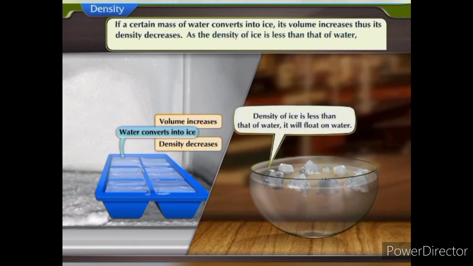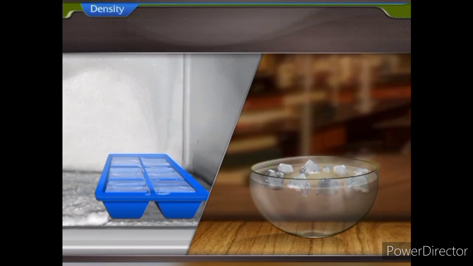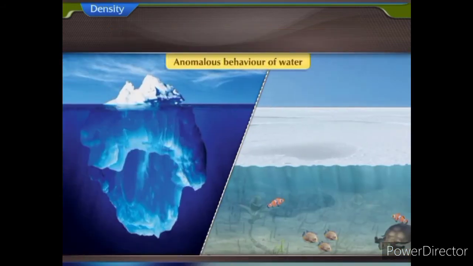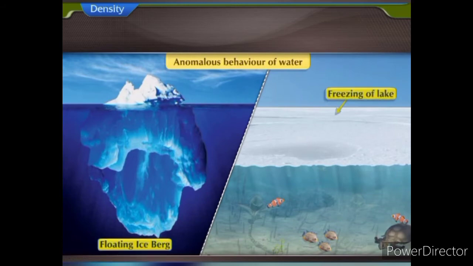As the density of ice is less than that of water, it will float on water. This property of water is also called the anomalous behavior of water. This property of water explains many natural phenomena like icebergs and freezing of lakes.